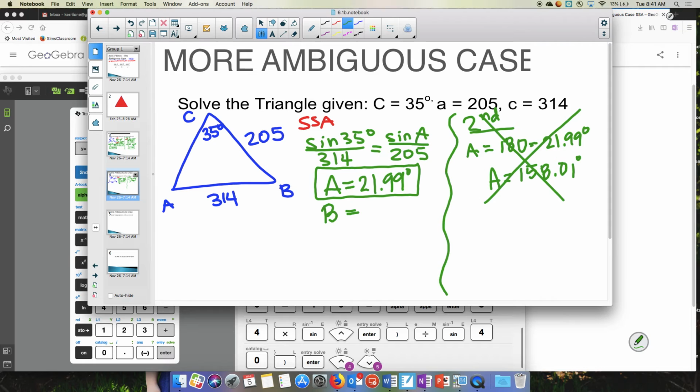And then we can find the rest from there. Angle B, if we take 35 plus angle A and subtract it from 180, would be 123.01.